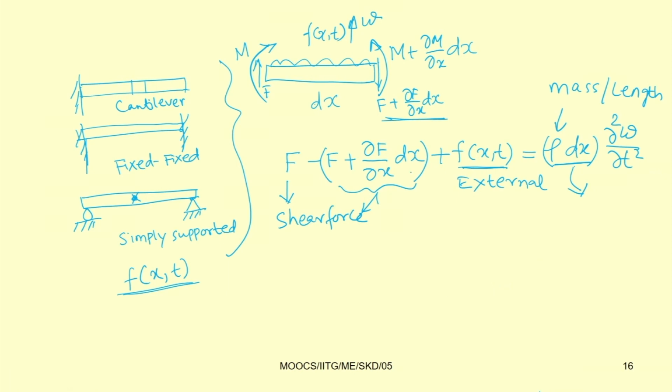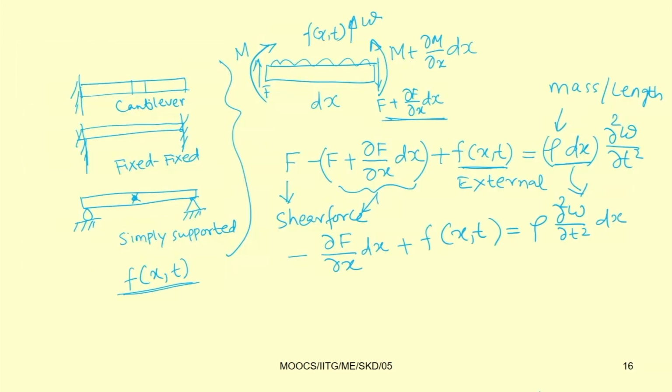Now by opening this, this F and this F will cancel, and we can write the equation of motion in this form: minus del F by del x into dx plus this external force f(x,t) equals rho del square W by del t square into dx.